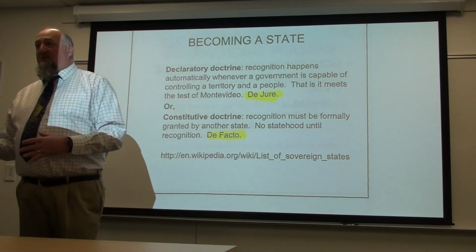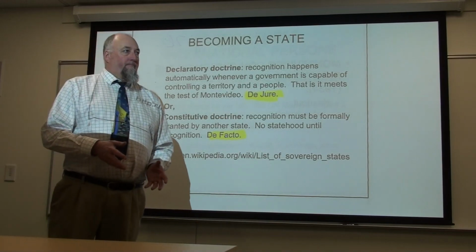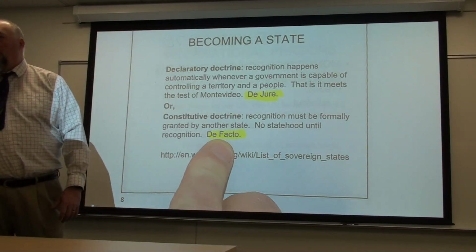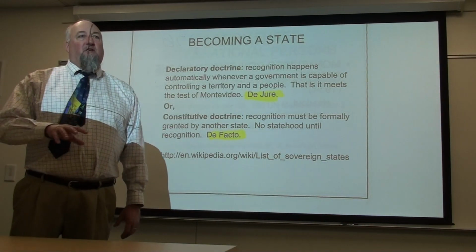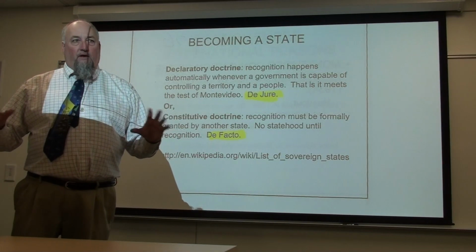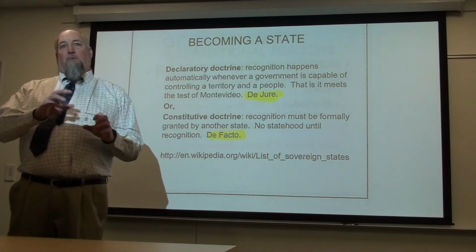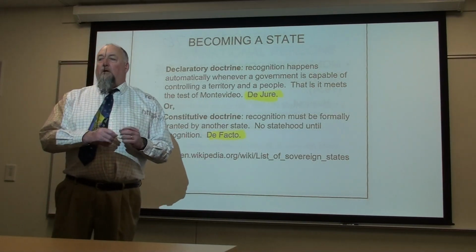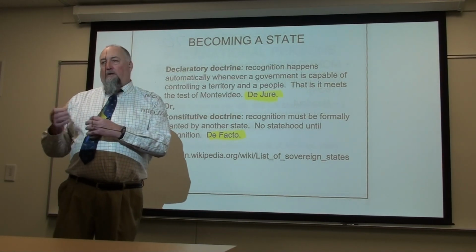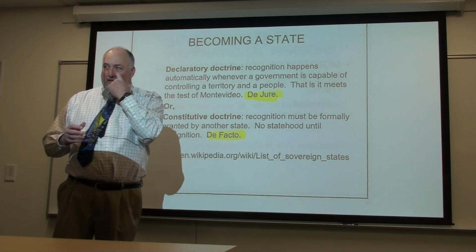But if no other states actually treat them as a state, factually, then you're not really truly a state, because other sovereigns don't treat you that way. They don't recognize you. So even though you meet the legal definition, you don't meet the real world definition. That's kind of the concept I'm trying to get at.